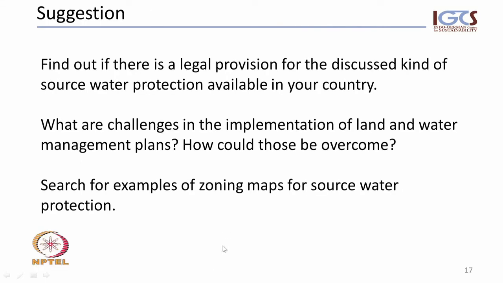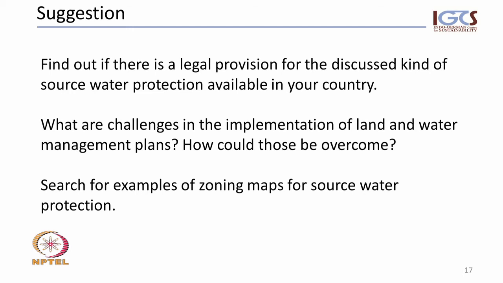Now, the suggestion for you before we conclude for today is you should find out if there's a legal provision for the discussed kind of source water protection available in your country. What are the challenges in the implementation of land and water management plans? How could those be overcome?